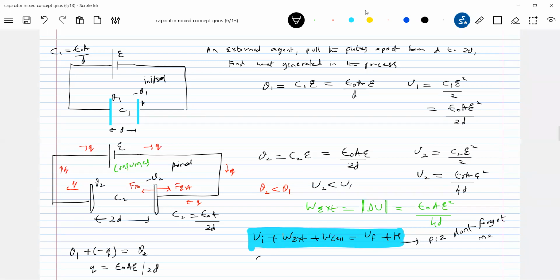So this will be epsilon naught E square by 2D. Work done by the external agent: it does positive work. Work done by the cell: the cell does negative work, Q into E. Final potential energy of the circuit, this is UF. So I'll write the symbol again: epsilon naught E square by, this is 4D.